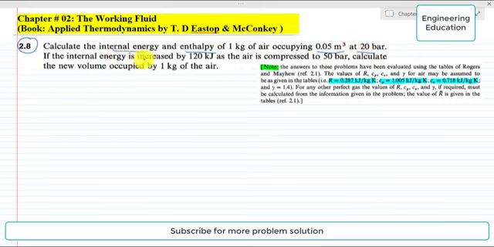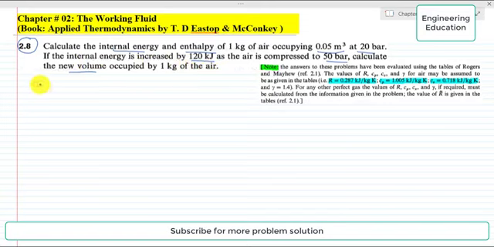If the internal energy increased by 120 kilojoule as the air is compressed to 50 bar, calculate the new volume occupied by 1 kilogram of the air.